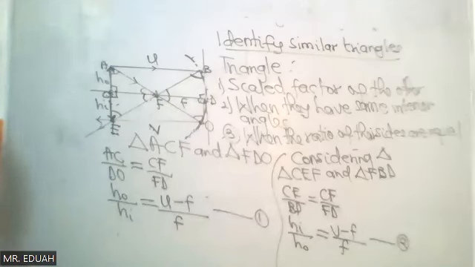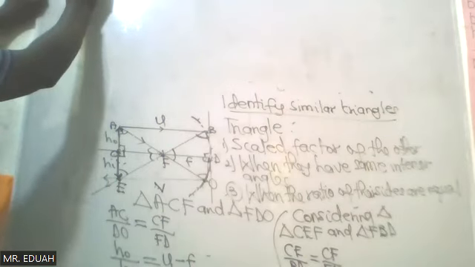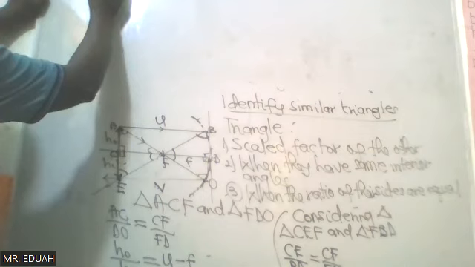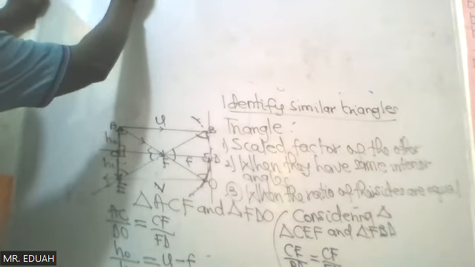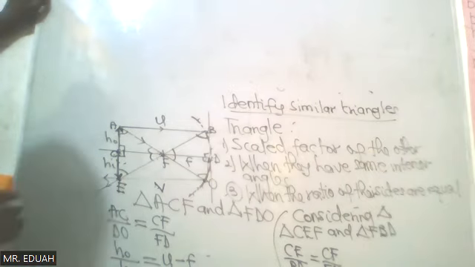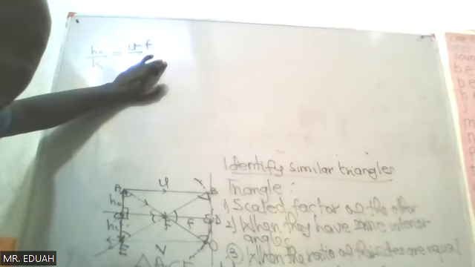So we have two equations. Please pay attention. We have equation 1, which is H naught over HI is equal to U minus F over F, as equation 1. Can you read it?